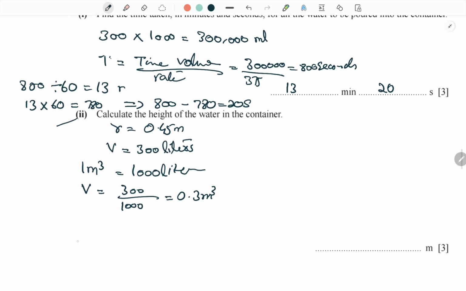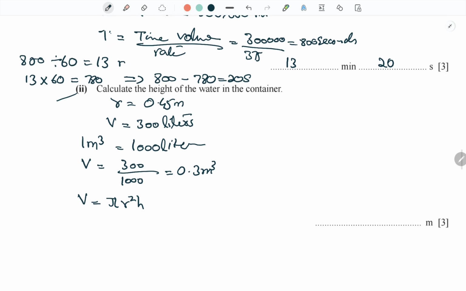Now we have the formula for the volume of the cylinder: volume equals pi r squared h. We calculate the height, so we rearrange the formula: h equals volume over pi r squared. The volume is 0.3, and we write pi and 0.45 squared instead of the radius.